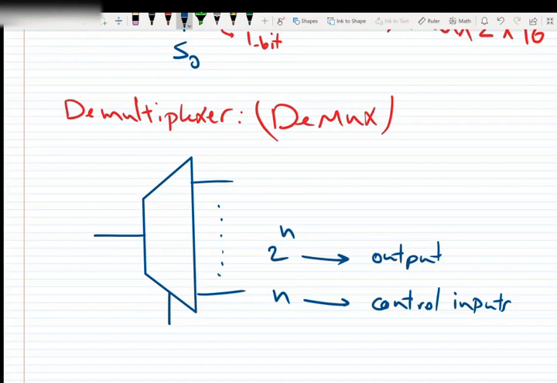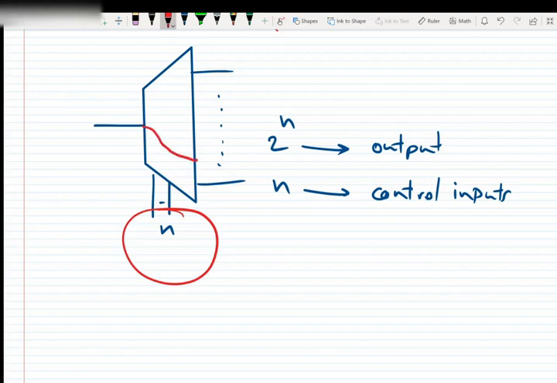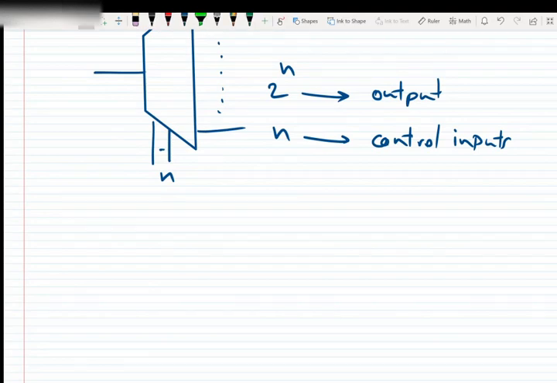So it's exactly the opposite of the multiplexer. Based on the value of the control inputs, the input will be connected to one of the outputs. Exactly the opposite of a multiplexer.